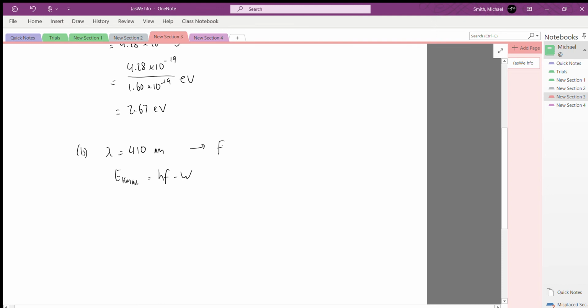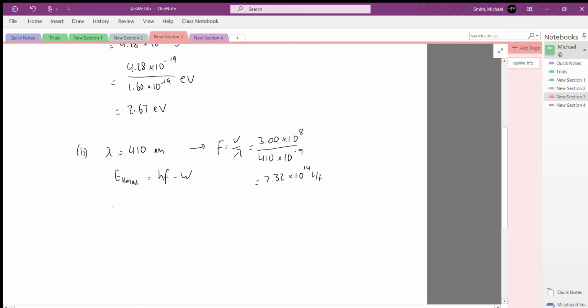So from before we have v = f lambda, so f equals v on lambda, which is 3 times 10 to the power of 8 on 410 times 10 to the power of minus 9. If we substitute that into our calculator, we get 7.32 times 10 to the power of 14 Hertz.